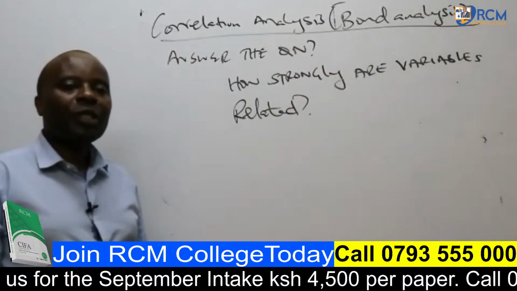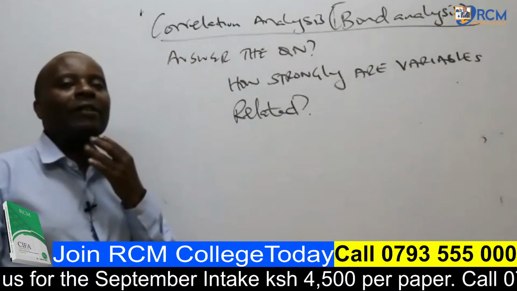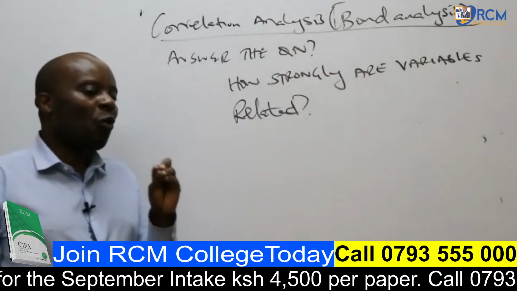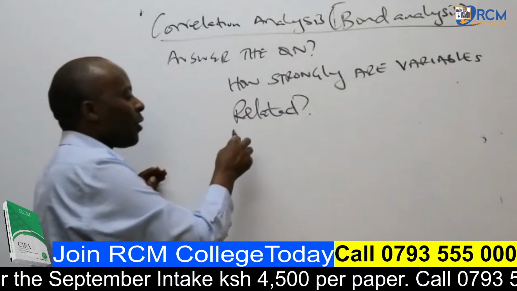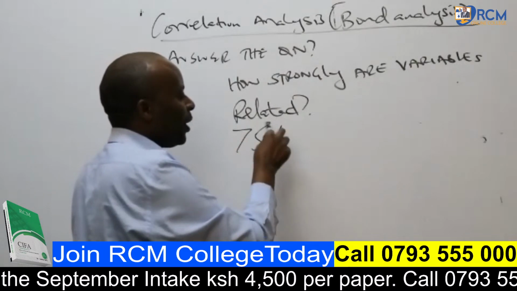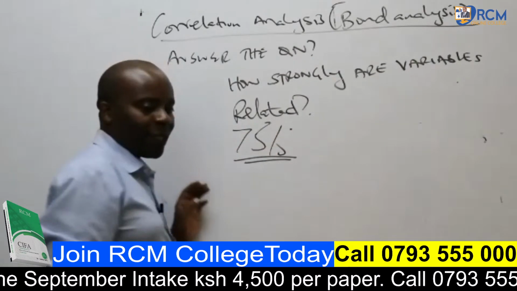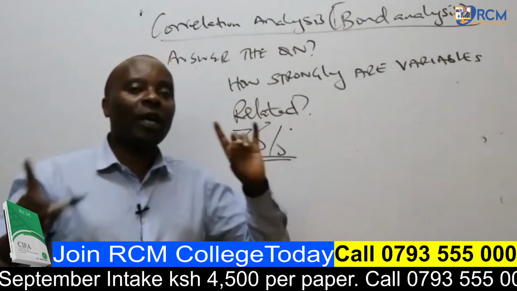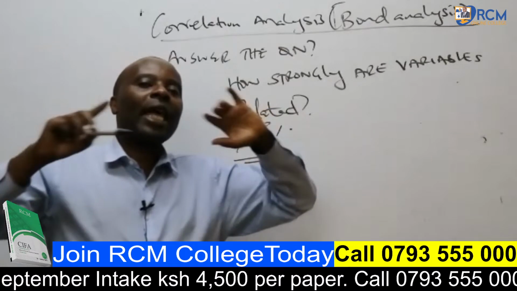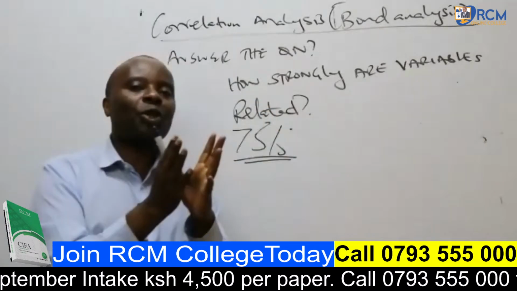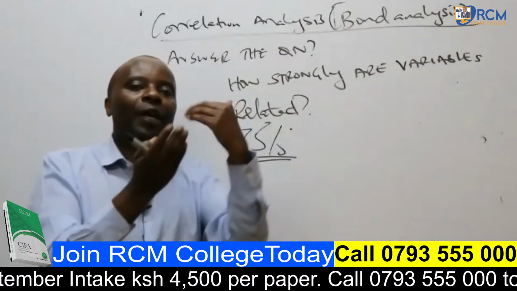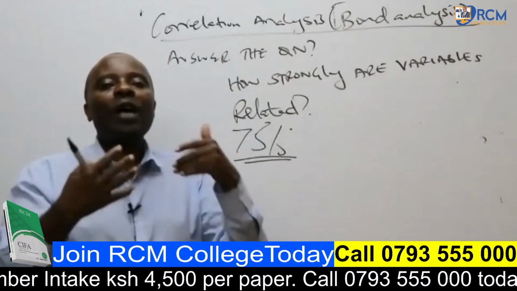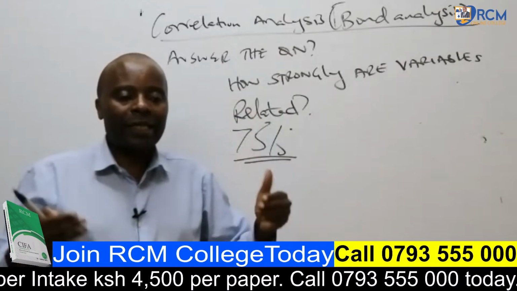And we shall see that for variables that are related in a very strong way, their correlation coefficient should be what here, somebody? More than 75%. Anytime you have two variables, x and y, with a coefficient between them of at least 75%, then we say that those two variables are strongly related.